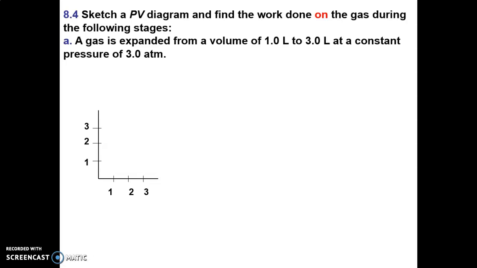Here's a problem. Sketch a PV diagram, find the work done on the gas during the following stages. A gas is expanded from a volume of 1 to a volume of 3 at a constant pressure. So here we go. We're going from 1 to 3. This is our volume down here. The pressure is constant, so we're going to have a line that goes across, and it will be horizontal.